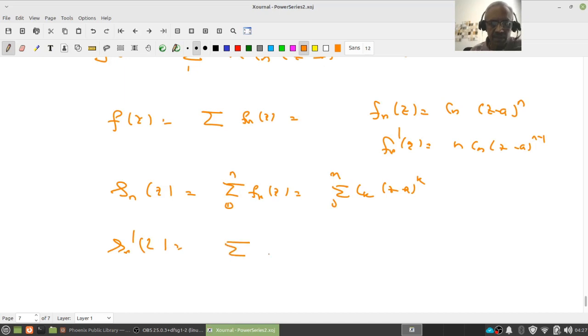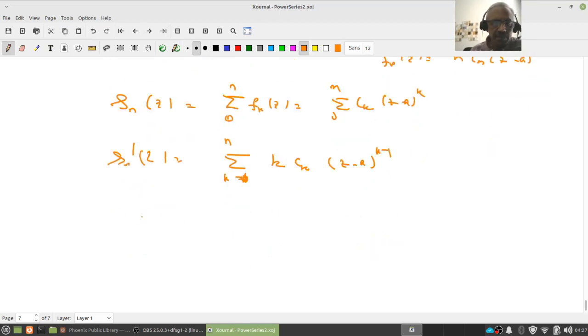That is nothing other than k times ck times z minus a to the power k minus 1, k equal to 1 to n. But notice that this is nothing other than the nth partial sum of this series. Do you follow that?